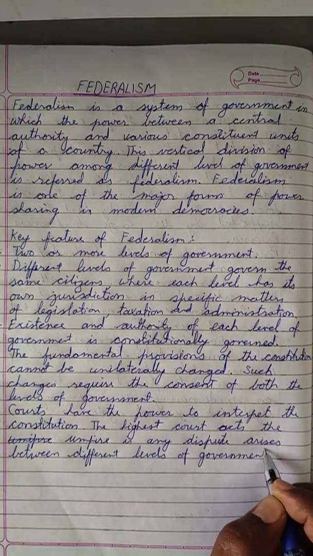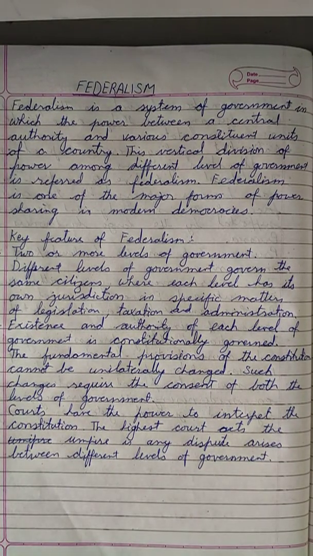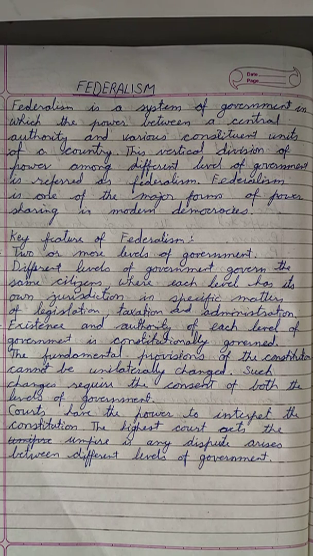Like you already studied that there are 3 types of courts: the district court, the high court, and the supreme court. So when you fight a case in your local court or district court, if you are not satisfied with the judgment, then you can appeal to the high court. And after fighting the case out there, again if you are not satisfied, then you can appeal to the apex court, the Supreme Court.